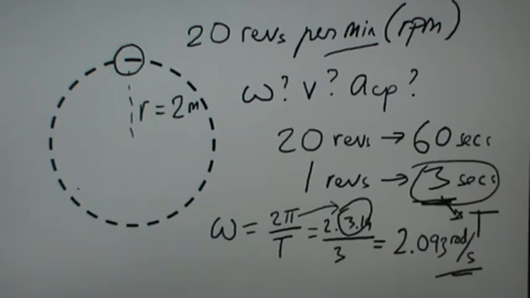After we find omega, we can find the linear velocity v.